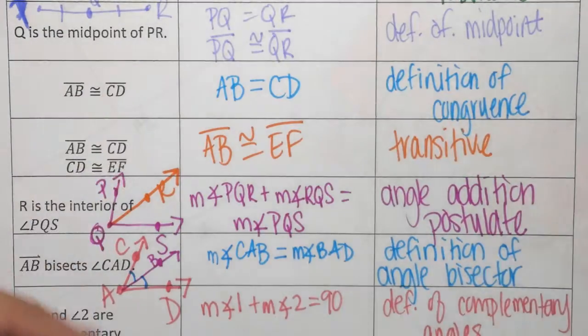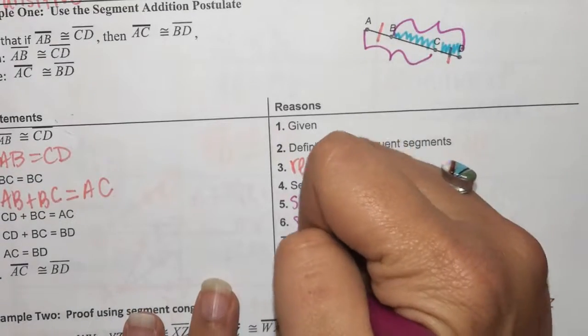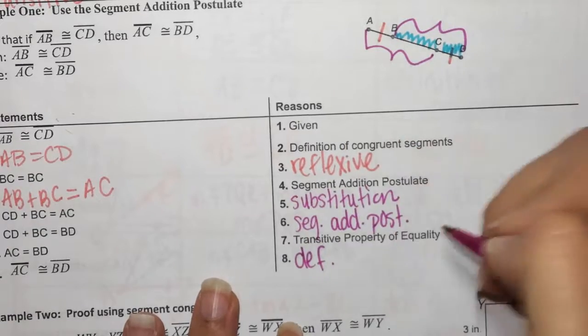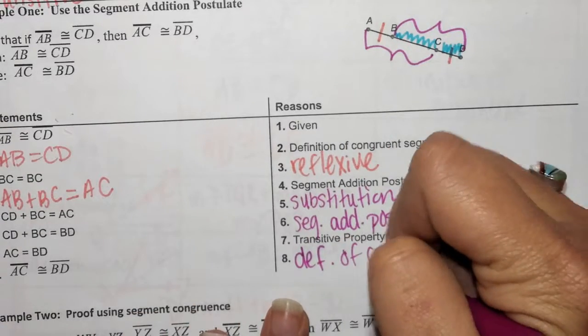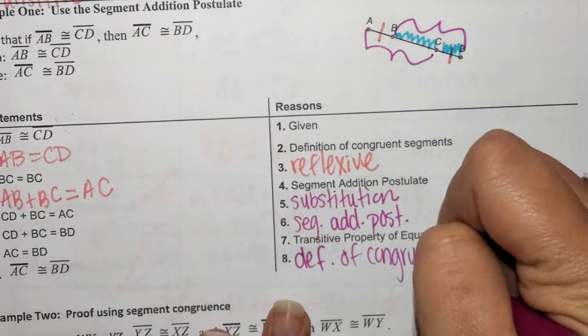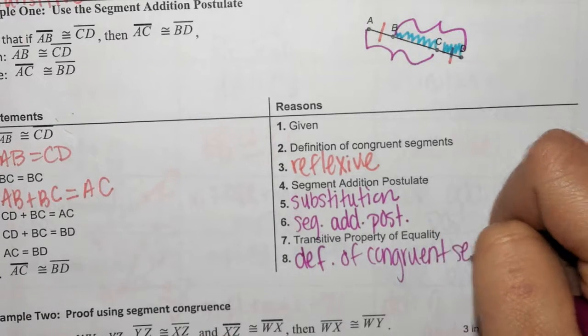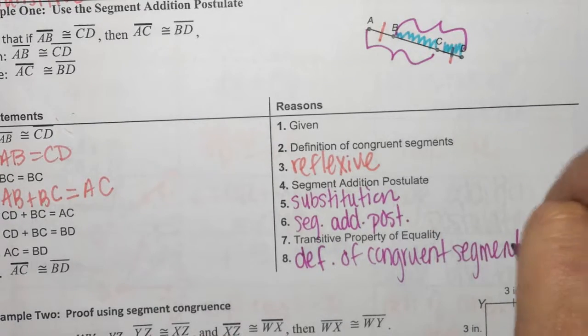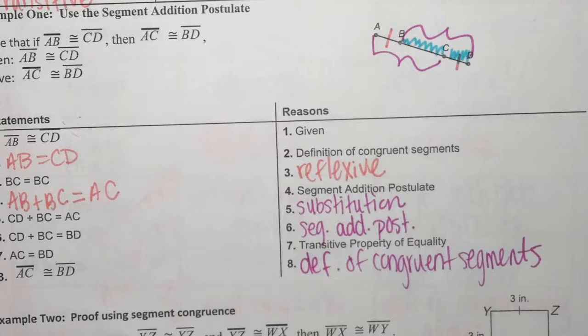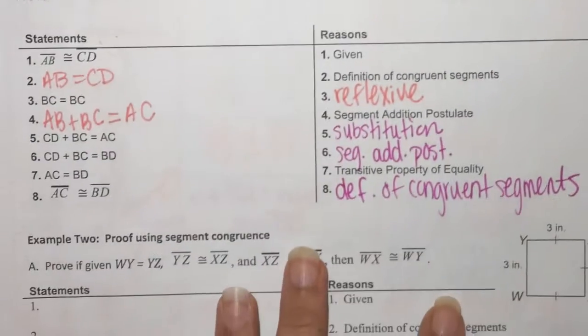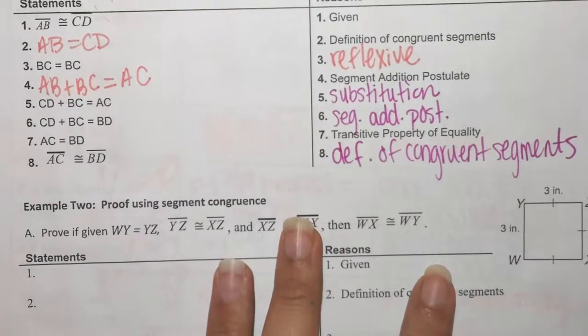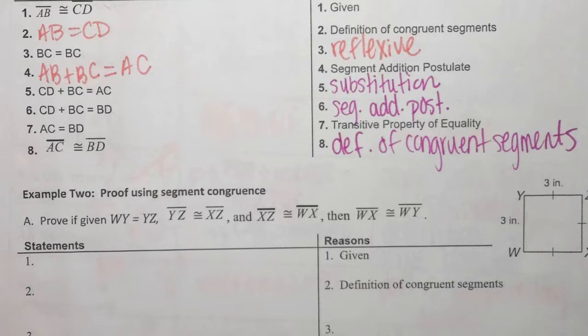So what is that? Definition of congruence. And we could say definition of congruent segments for fun. Now, geometric proofs are not as straightforward as our algebraic ones. You have to actually think, and heaven help some of us, but I feel like we can do this.